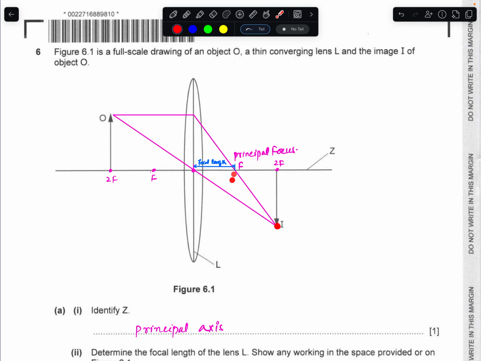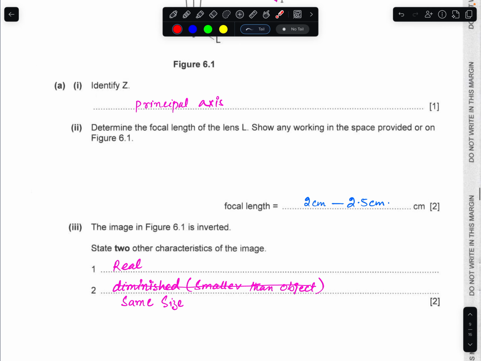We must look for the point where this ray is passing through the principal axis. The point on the principal axis where this ray is passing through is the point which we call the principal focus. So beta, you have to draw these two rays, and from this ray we would get the principal focus.